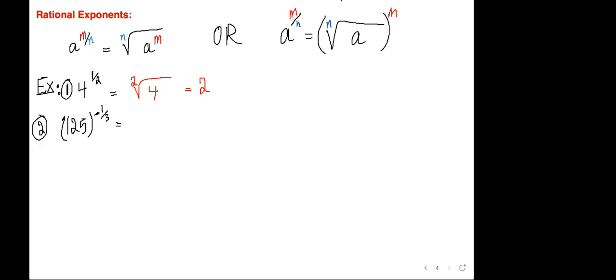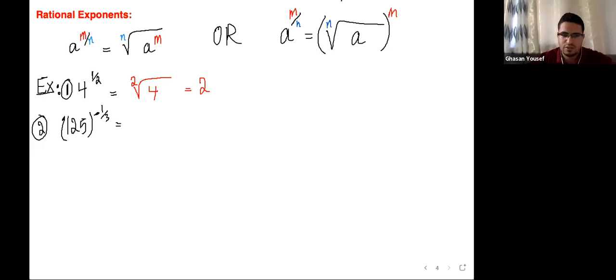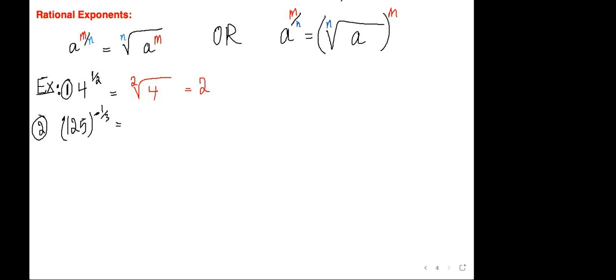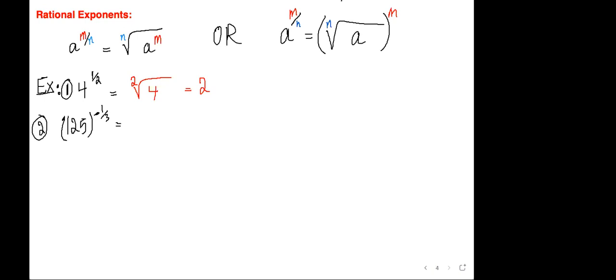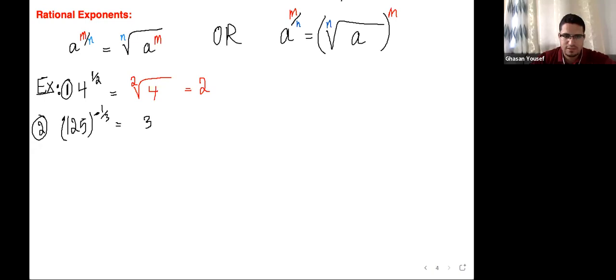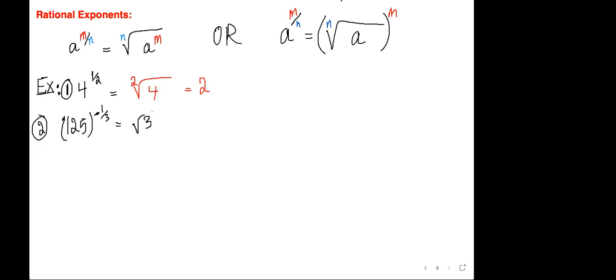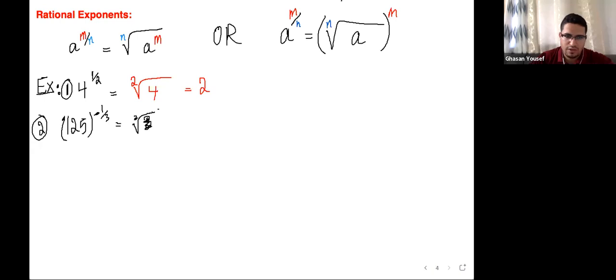But the negative should not go to the number inside. This is only for the radical. So what does the minus mean when I see minus in the power? Like last time, it's going to be the cube root of 1 over 125. The 3 goes on the corner, like this.